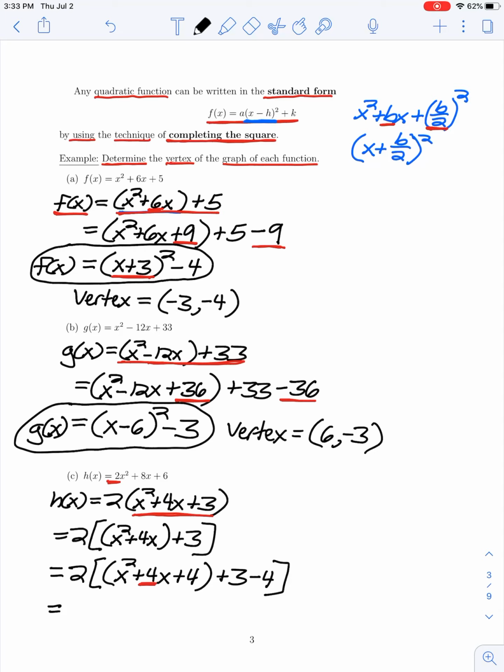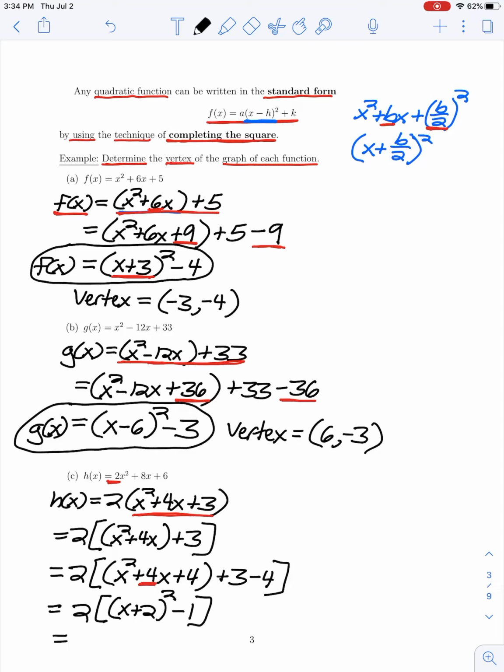And so now what I have is the following. I've got 2 times this quadratic in parentheses can be factored as x plus 2 quantity squared. And then my plus 3 minus 4 on the end leaves me with a negative 1.